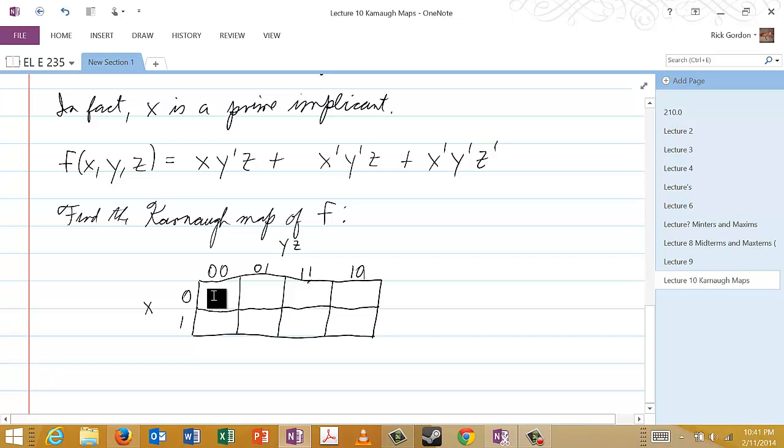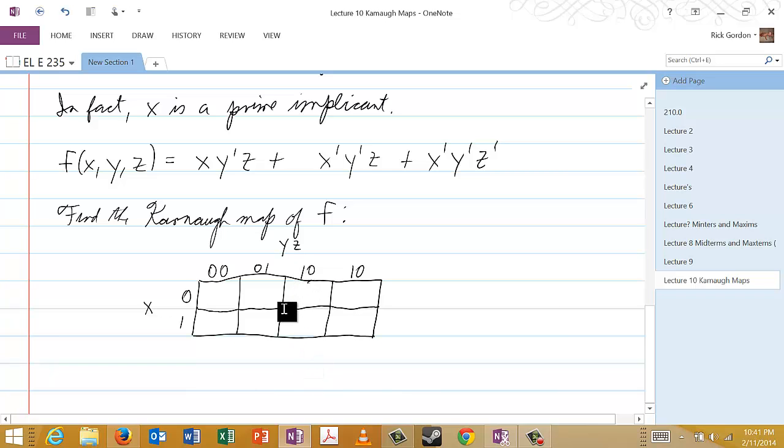Or if we start back in this cell where all three variables are 0, and we move to the right by one position, then x stays equal to 0, y stays equal to 0, but z changes from 0 to 1. So again, only one variable is changing its value. Now suppose that in this third column, instead of having a 1, 1, we had put 1, 0.